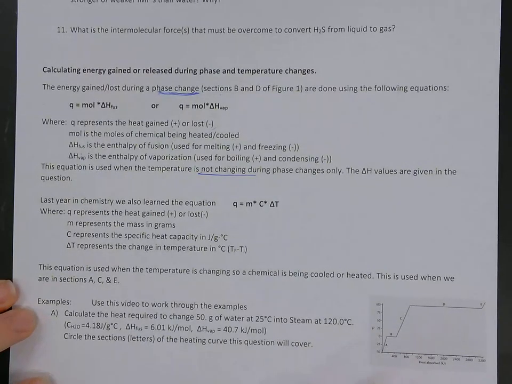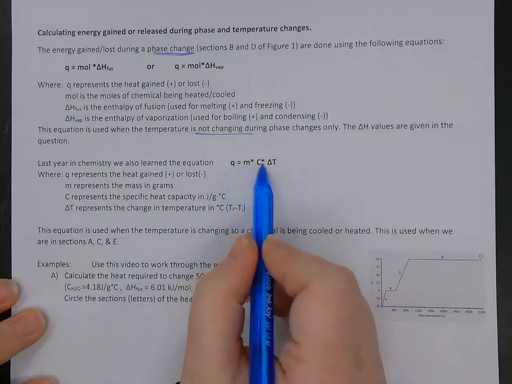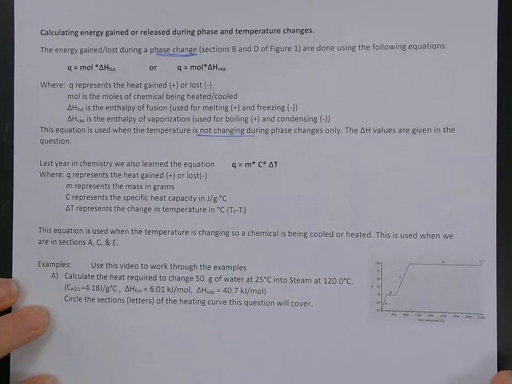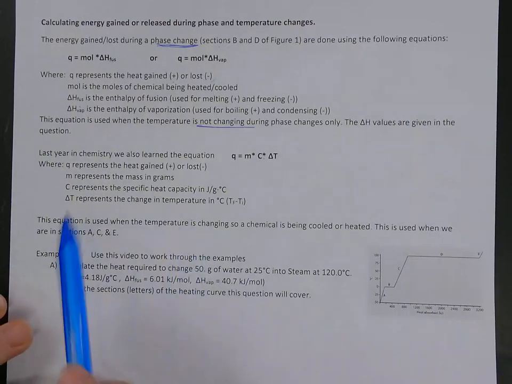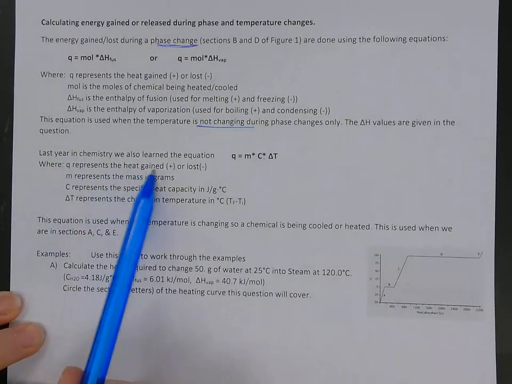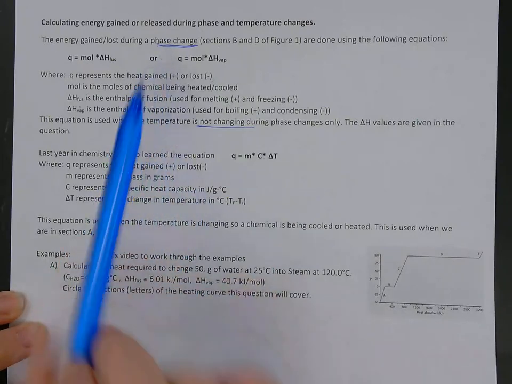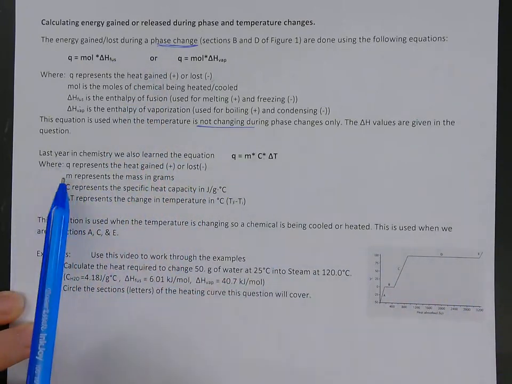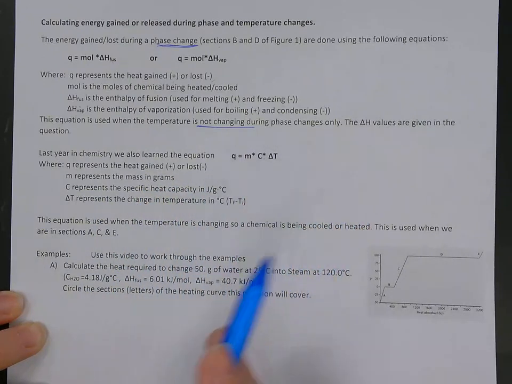Then we have a second equation. So last year in chemistry, we learned this equation, Q equals MC delta T. You might remember that. It was very early on in the last year. So Q represents, again, heat gained or lost, same Q. So they can be associated with each other. M is going to represent our mass in grams.